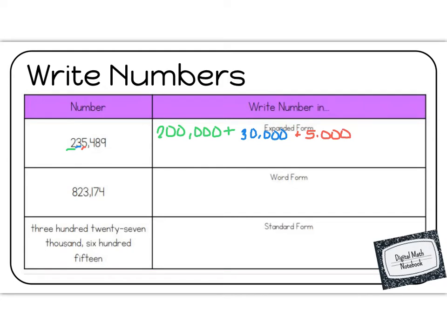Continuing on, the 4 is in the hundreds place. The 8 is in the tens place, so that would be 80. And the 9 is in the ones place. So we just write it as 9. So we take each digit in the number and we write out the place value where it lives and add all of those numbers together in order to get expanded form.